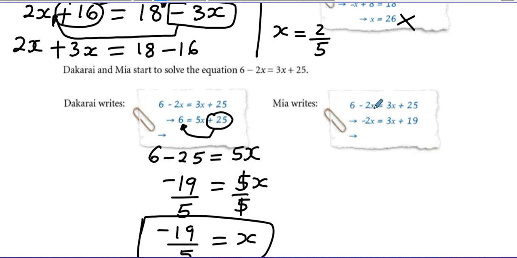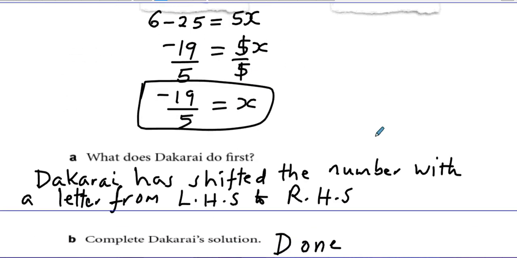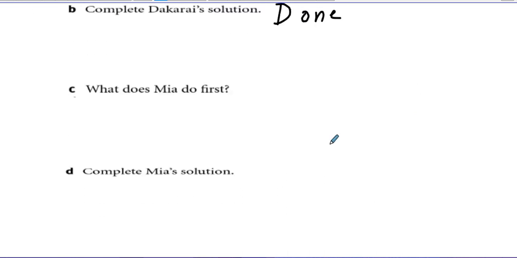We have 6 minus 2x equals 3x plus 25. Negative 2x remained untouched. So negative 2x is remaining. So what has happened is how Mia got 19. That means Mia has shifted the number without the letter from left to right. So what does Mia do first?